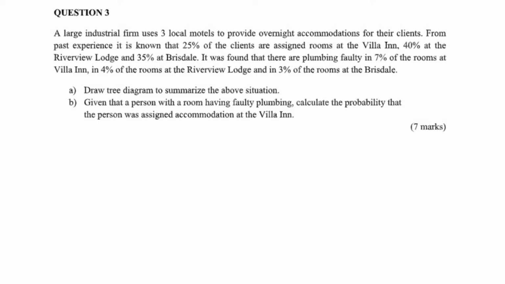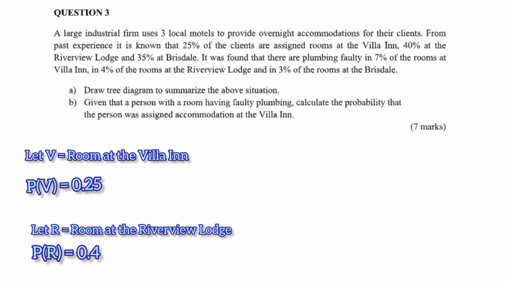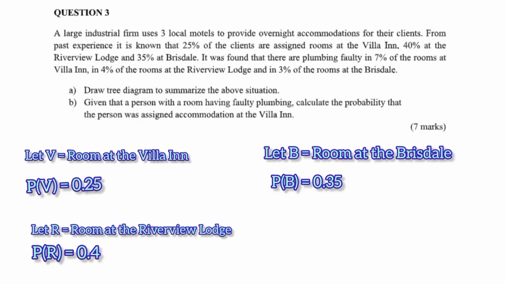So we let V equal to room at the Villa Inn, so probability V equal to 0.25. Next, 40% at the Riverview Lodge, so let R equal to room at the Riverview Lodge, probability R equal to 0.4. And 35% at Bristol, so we let B equal to room at the Bristol, probability B equal to 0.35.